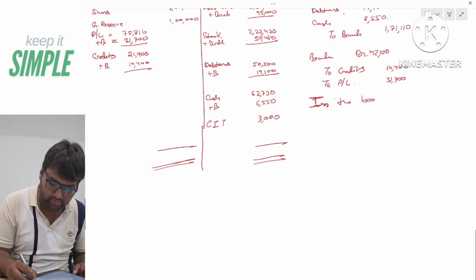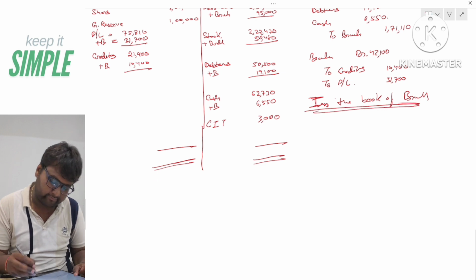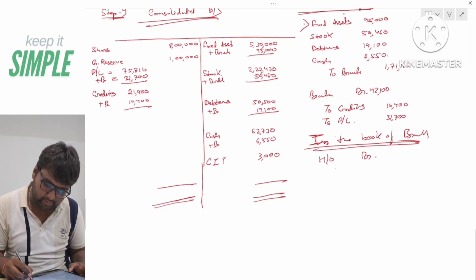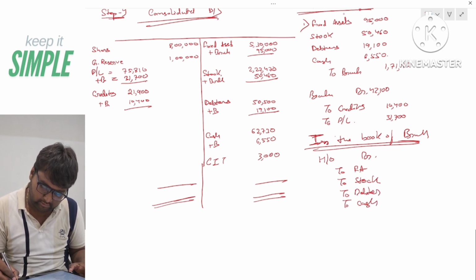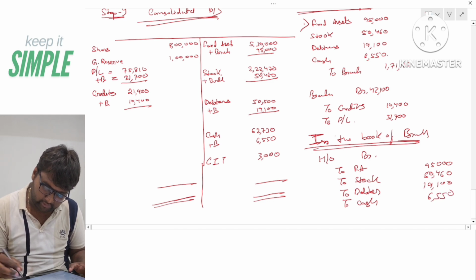In the books of branch, what entry will be passed? They will pass head office debit, to fixed assets, to stock, to debtors, to cash: 95,000, 50,460, 19,100, 6,550, 1,71,110.